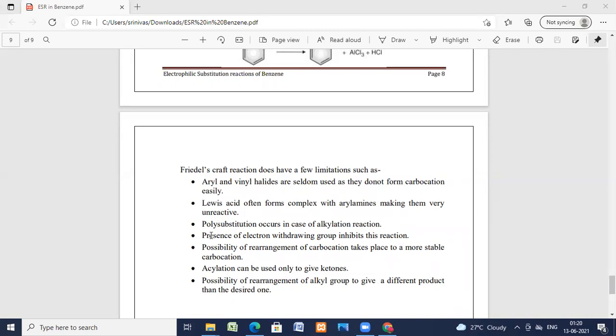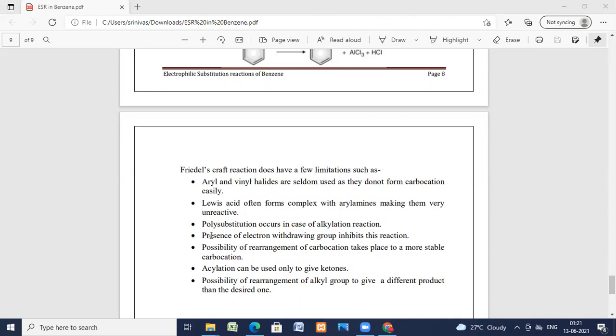So what I can conclude is that the absence of an isotopic effect establishes the two-step mechanism for electrophilic aromatic substitution reactions, in which the formation of the carbonium ion is the first step, and that is the rate determining step. So the evidences are also discussed.